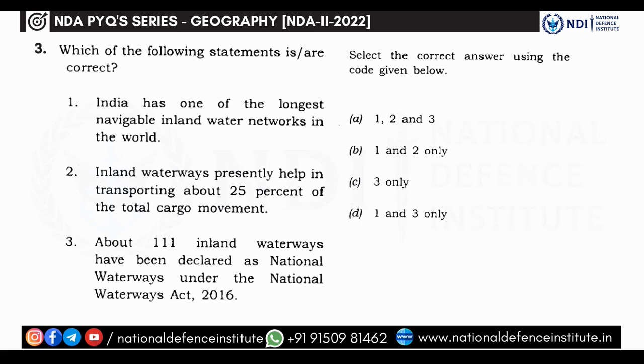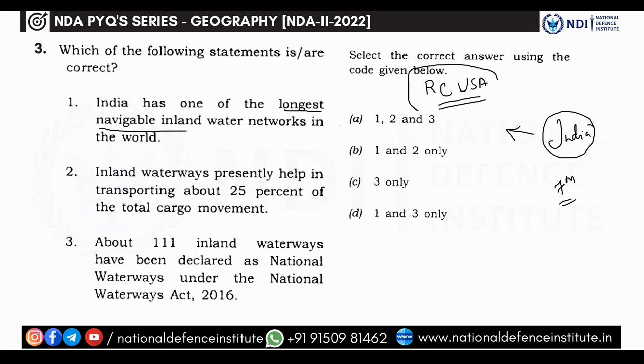So first go with the first statement. India has one of the longest navigable inland waterways in the world. To be the longest navigable inland waterway, we have to know that India is only the 7th largest country in the world. Prior to that, we have many other countries like Russia, Canada, USA, Brazil.